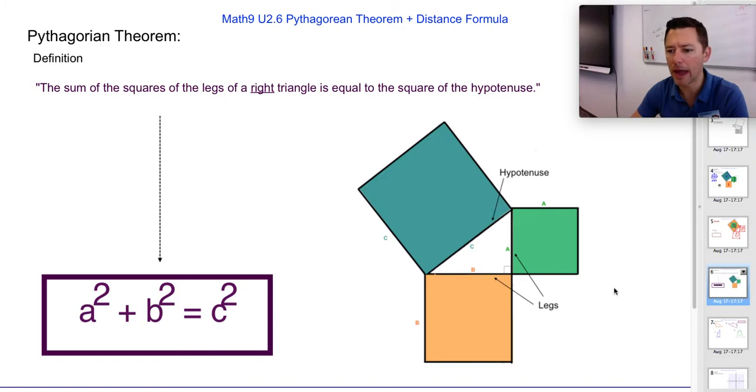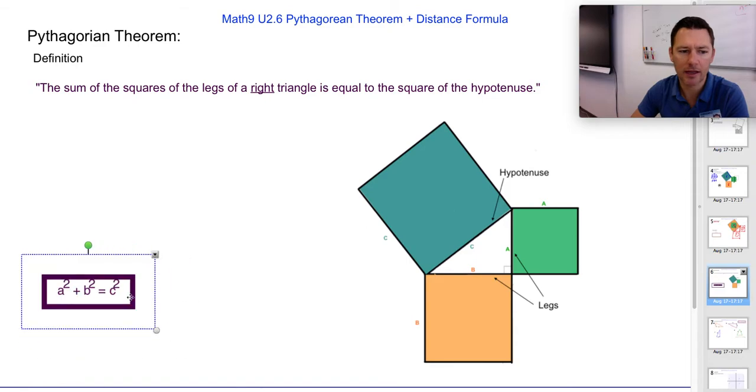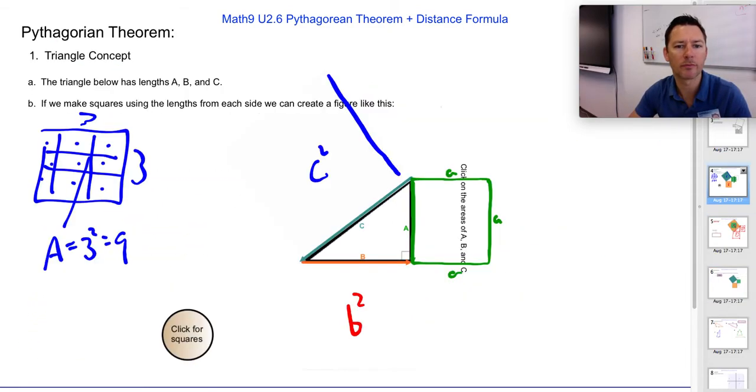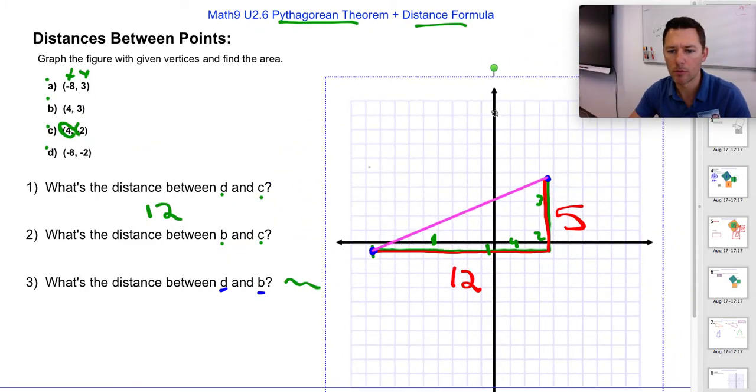So if we go back to our original triangle, right? And let's keep this guy. Let's bring him here and move this back to our warm-up. Here's our warm-up guy. Let's get rid of the grid.